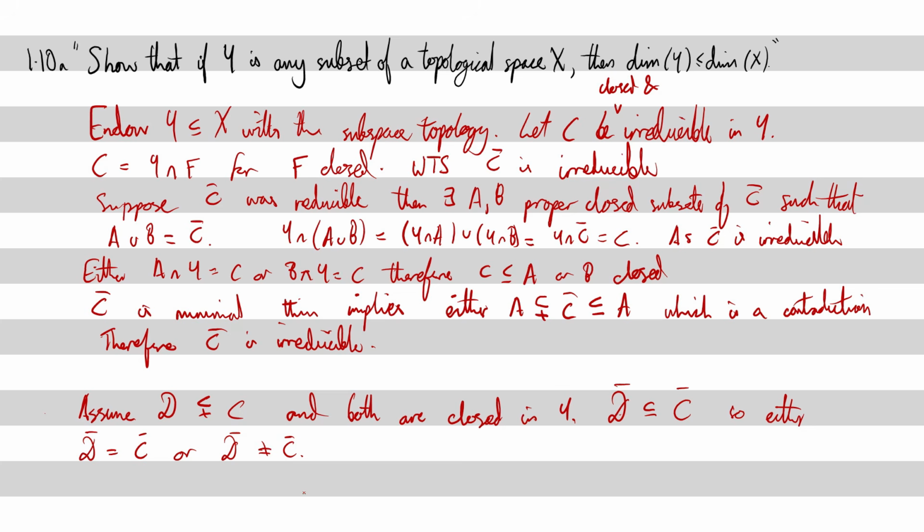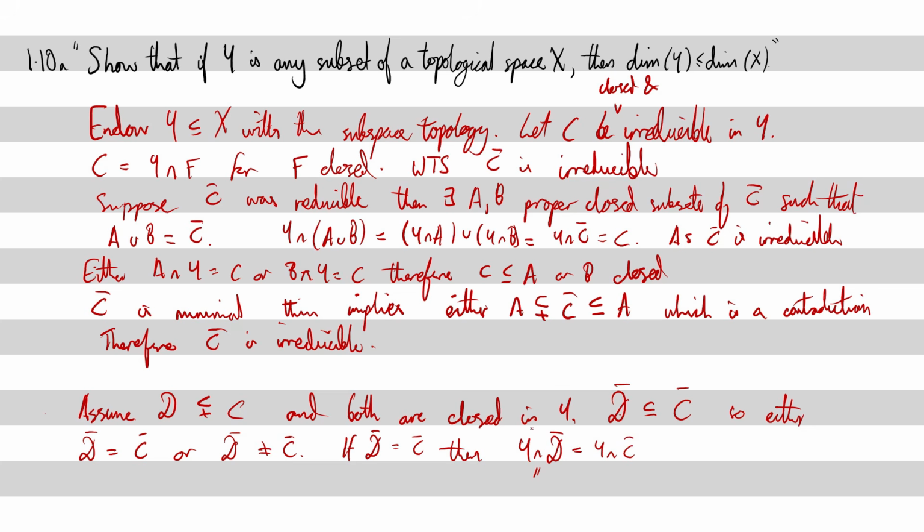Now, what can that tell us? Well, we want to show that the latter is the case. So if D bar equals C bar, then Y intersect D bar equals Y intersect C bar.